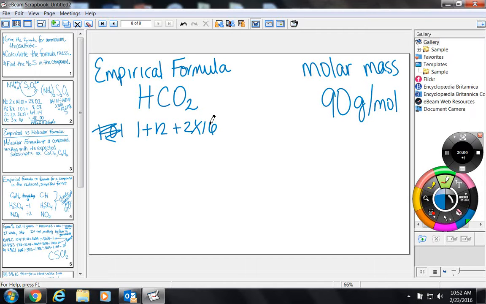So 13 plus 32 is 45. So that's the empirical formula mass. This is the EF mass. It's still just the mass of hydrogen, the mass of carbon, the mass of oxygen. Since they didn't give me decimals, I just rounded.